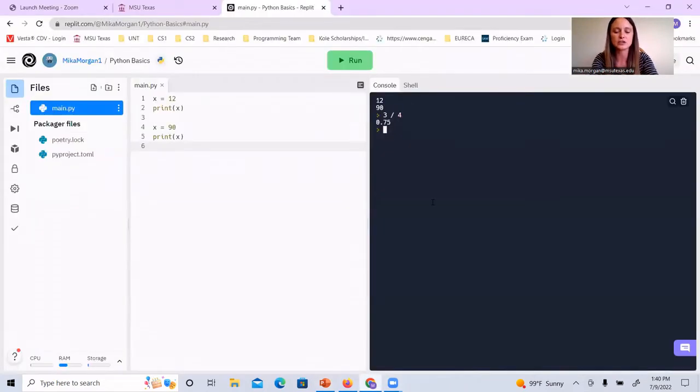So if I say, what is 3 divided by 4 in integer division, all I get is just the whole number aspect of it. I only get the 0. I do not get the 0.75. And notice it didn't round up, right? If I was rounding, 0.75 would round up to 1, but it doesn't. You only keep the whole number and you chop the rest off.